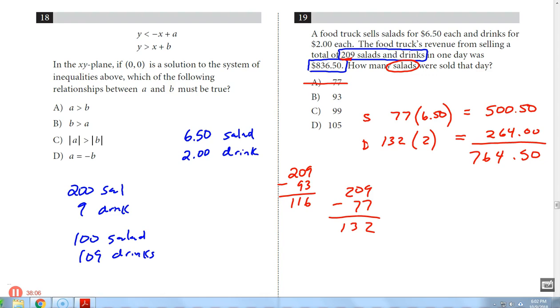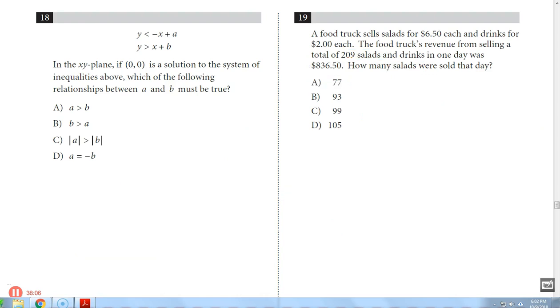So that's kind of a guess and check way to just plug answers in. If this was an open-ended question where you didn't have answers to plug in, you'd have to use this method I'm going to show you right here, which is basically solving a system of equations. So I'm going to set up two equations. One equation involves the quantity, the number that we have. Let's just call S salads.